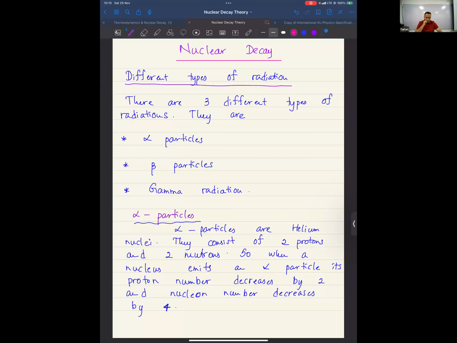So when a nucleus emits an alpha particle, its proton number decreases by 2. And nucleon number decreases by 4.